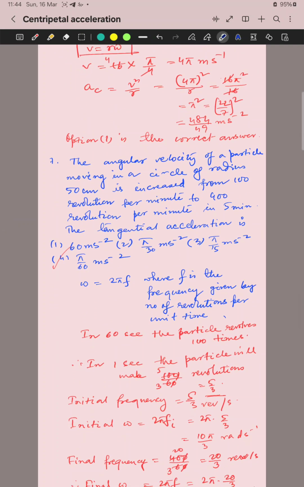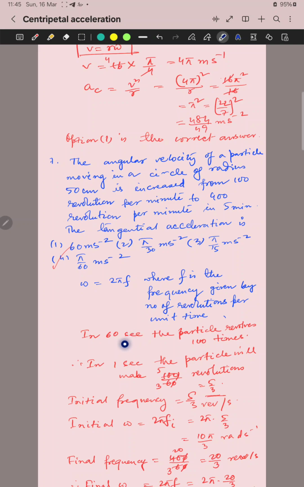Now for the seventh sum, here the angular velocity is increasing from 100 revolution per minute to 400 revolution per minute in 5 minutes. So we know the relationship between angular velocity and frequency f.